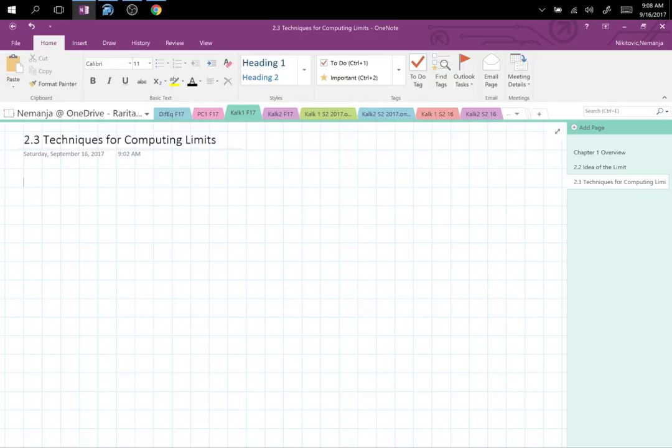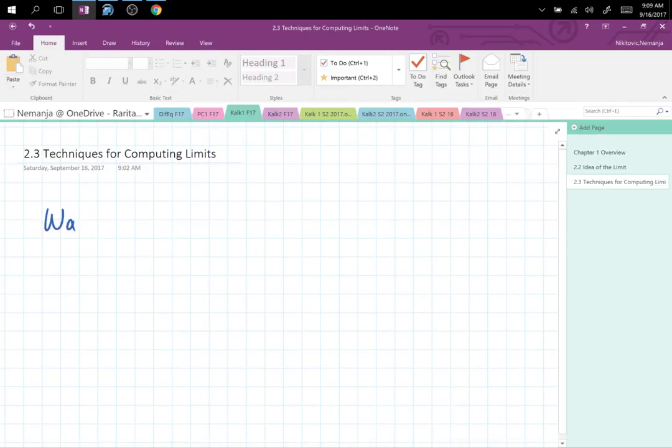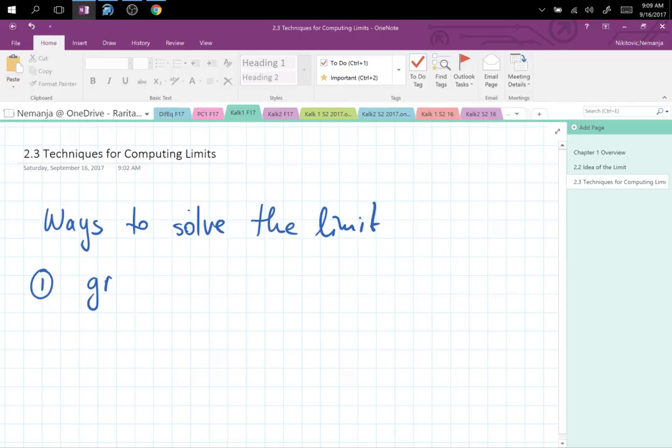So the way to solve the limit, you have three main ways to solve the limit. Number one is graph. That was in 2.2.